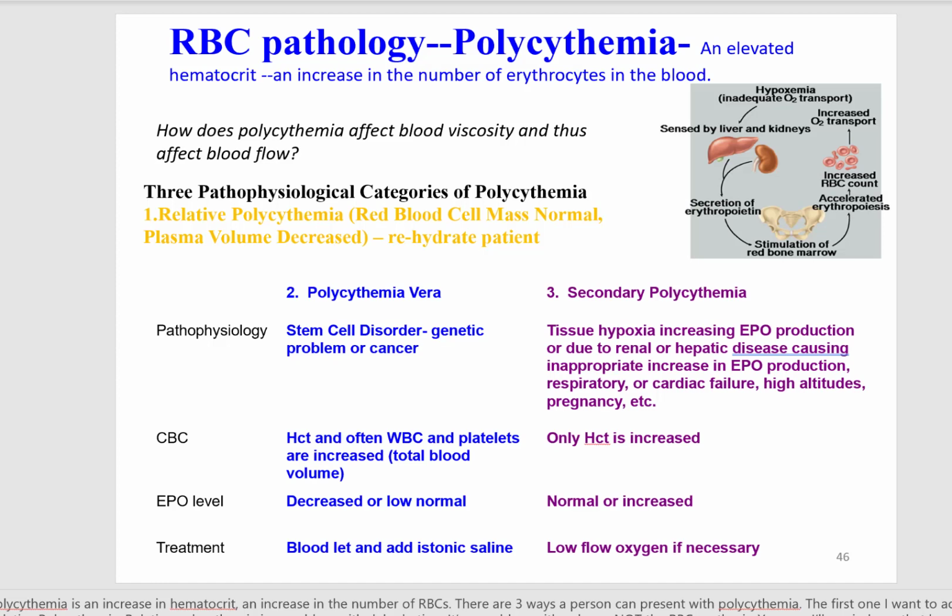Secondary polycythemia, shown here as my third category, is most oftentimes seen as an adaptive response. In this case, the kidneys have detected a reduced oxygen carrying capacity. They detect reduced oxygen levels in the blood.